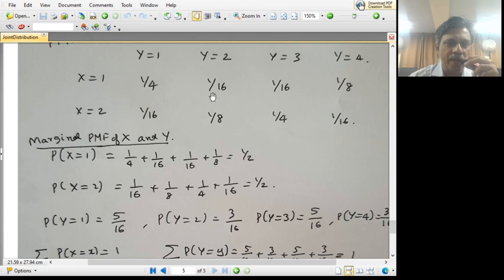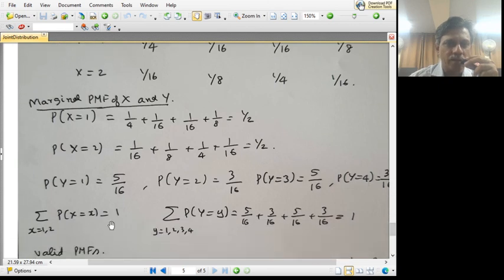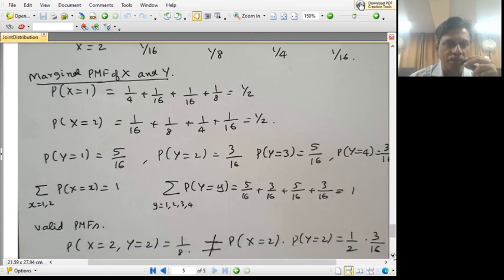In a similar manner, this will be 3 by 16, this is 5 by 16, this is 3 by 16. If you add up all these things, again you will get 1. So the sum of P of X equal to x for x equal to 1, 2 is equal to 1. Similarly, the sum of P of Y equal to y for y equal to 1, 2, 3, 4 is also 1. So this is a valid PMF.